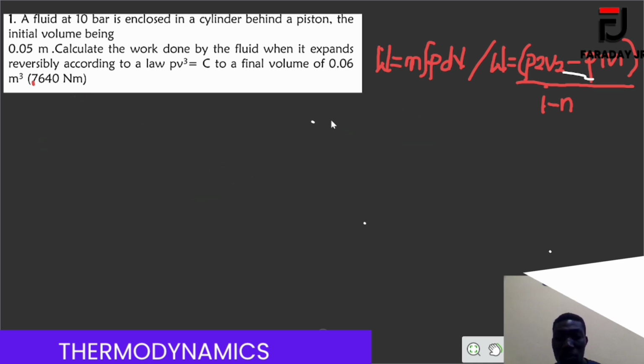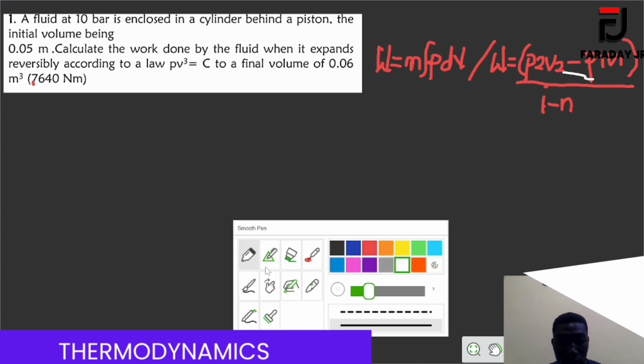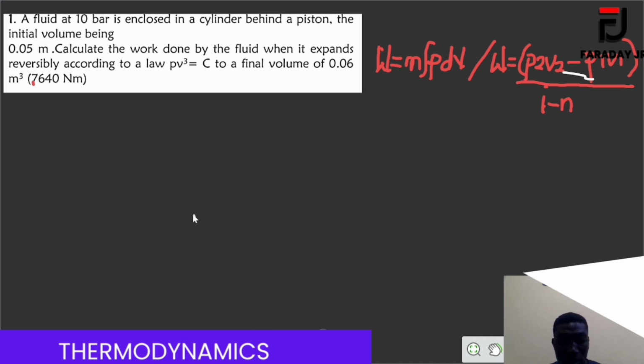Okay, so let's start writing our data down. First of all, we write our initial pressure, which is P1.